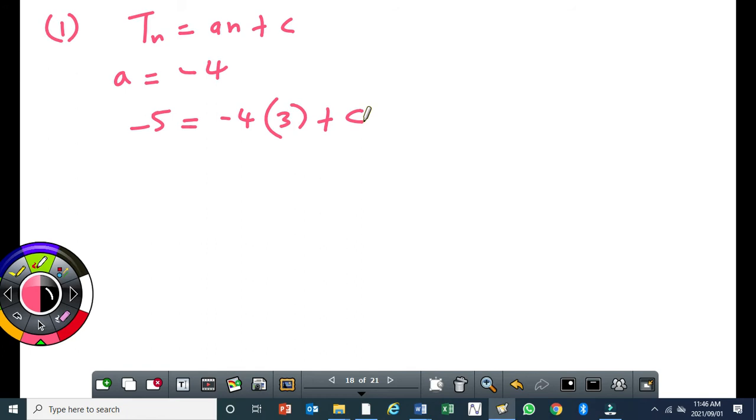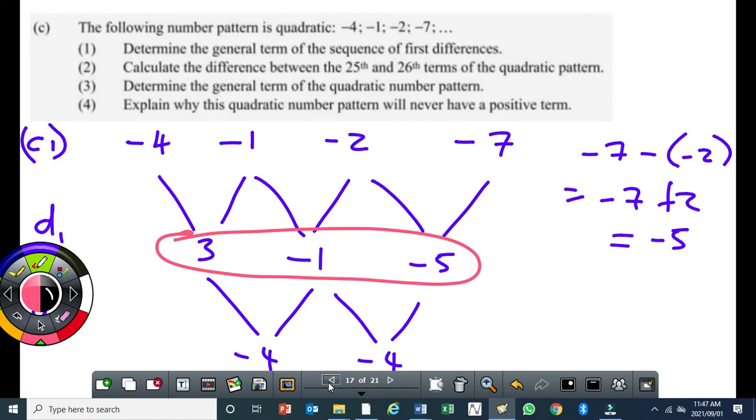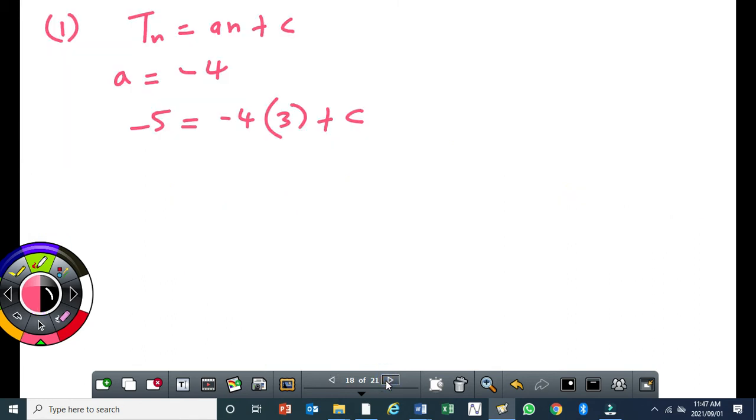Yes, where did you get the reason for? What's the common difference? Oh, okay. Then I chose T3 of the first differences, which is -5. Yes. The position of -5 is what? 3. So n is 3. The common difference A is -4. Tn is the value of a term in the pattern.